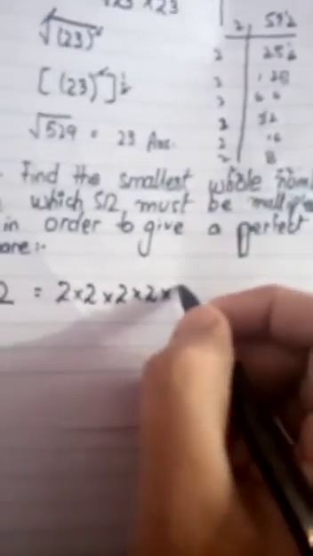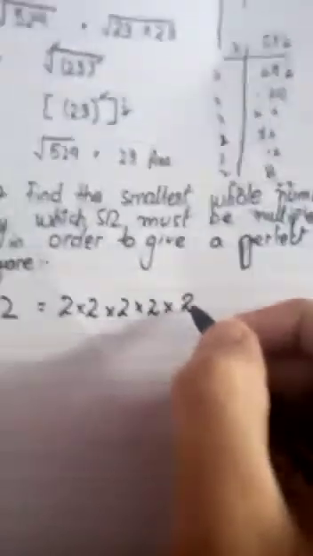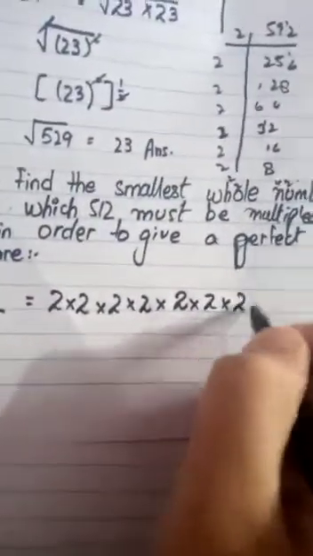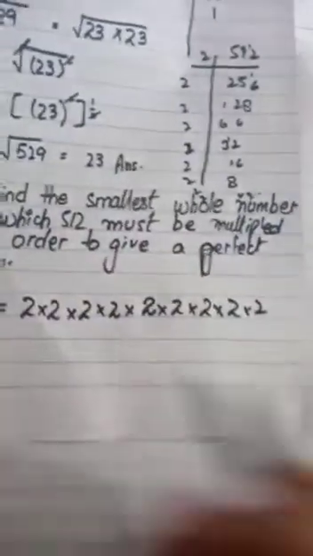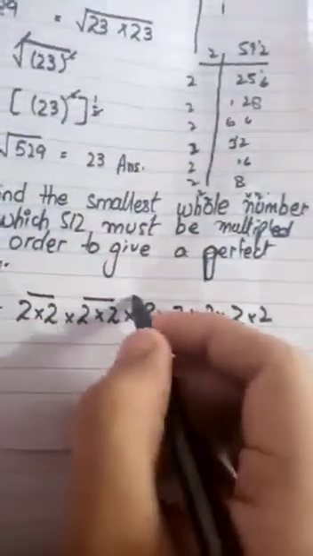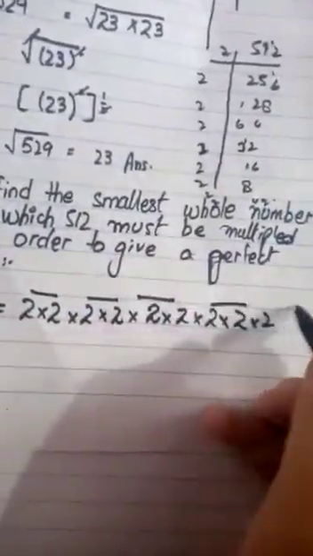Now we write the perfect square. 2 multiply 2 multiply 2 multiply 2 multiply 2 multiply 2 multiply 2 multiply 2, and then multiply 2. Here are nine 2s. First pair, second pair, third pair, fourth pair.